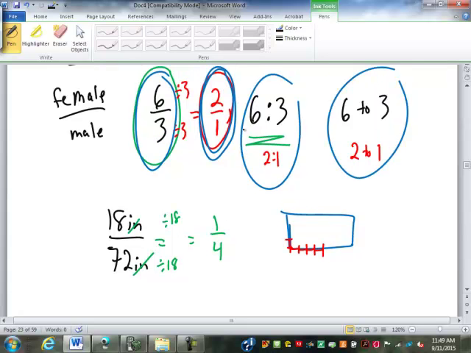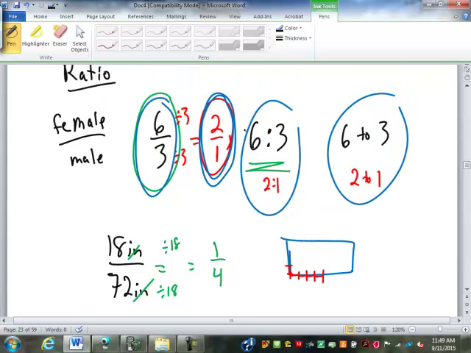You'll notice in both of the examples I just did, the two numbers had the same name or the same label. This one compared inches to inches. This one compared students to students. And that is a characteristic of a ratio, it must compare two things with the same name or the same label.